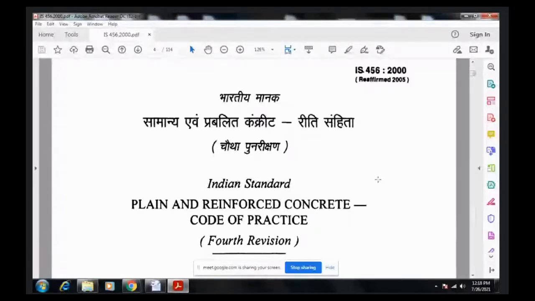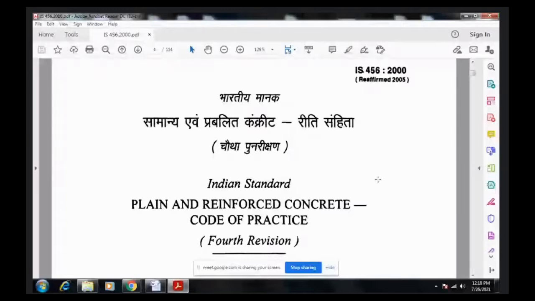And then comes the reinforcement part of it. That means how we will use the concrete beam. There will be longitudinal bars along this span at the bottom.